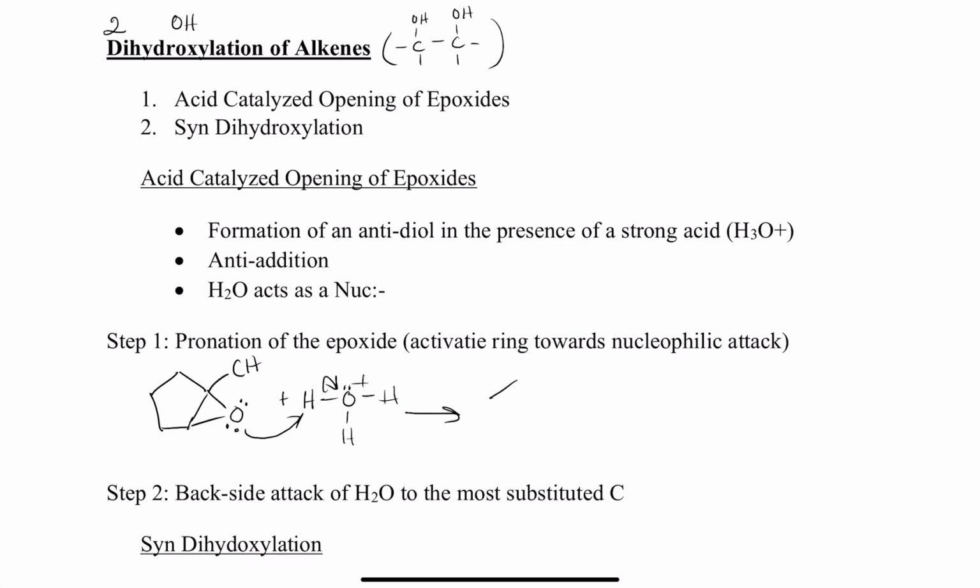And so now our oxygen will be bearing a positive charge. And we have water. The second step is going to be a backside attack of our water on the most substituted carbon.